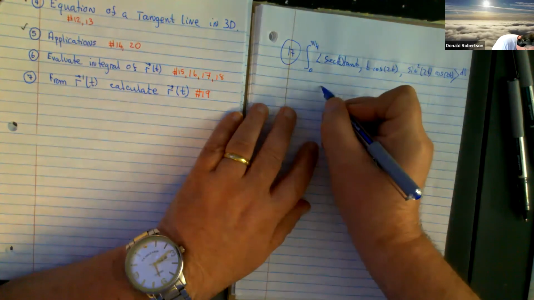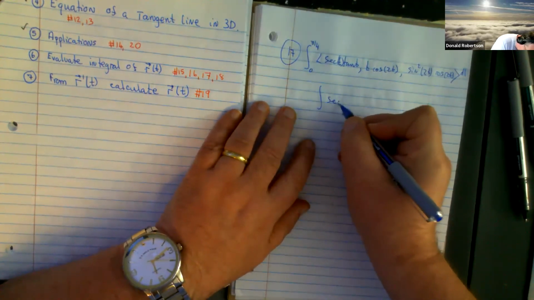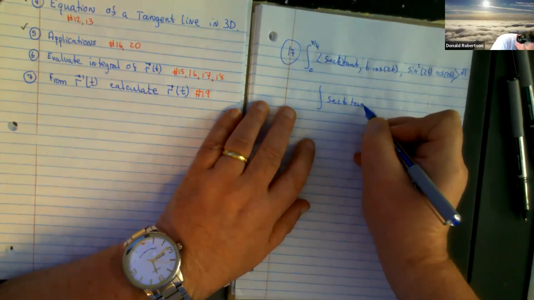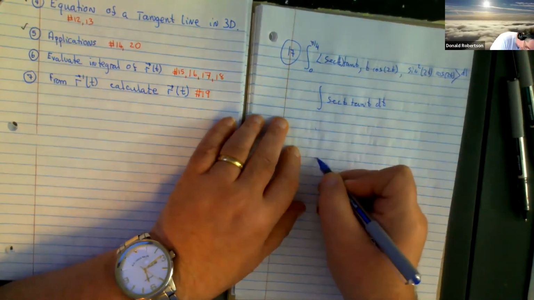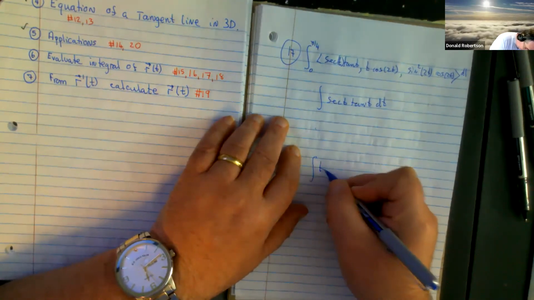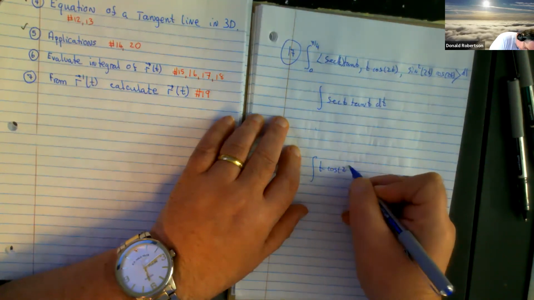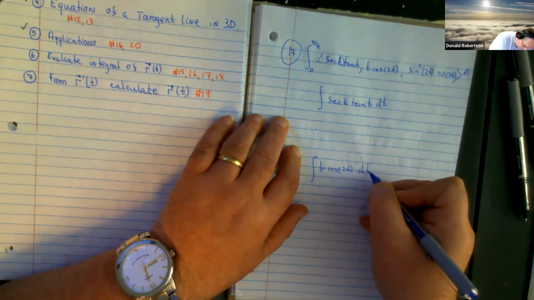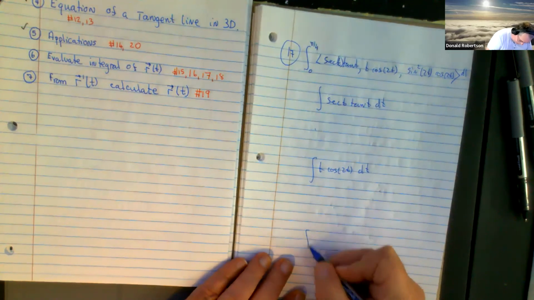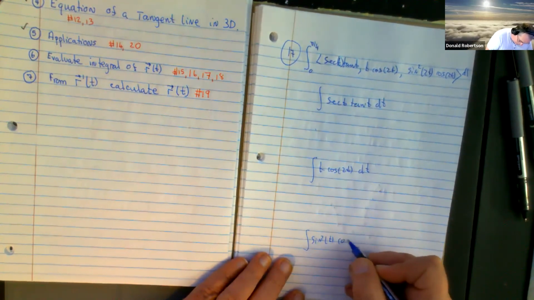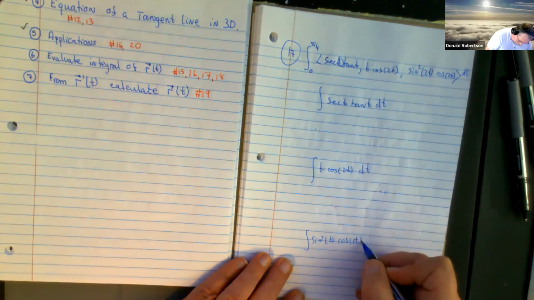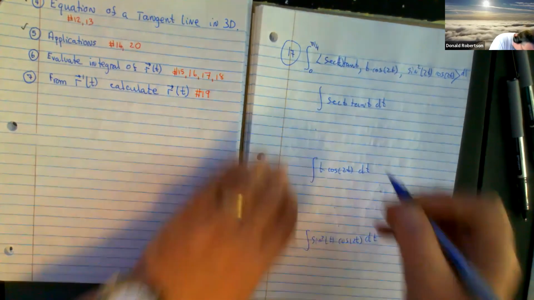Now, essentially what I need to do is find 3 separate integrals. So I'm not even going to try and do it in one go. I'm going to do it in 3 separate goes. And I'm going to have to cut a lot of corners because of time, but hopefully I'll give you a good start.